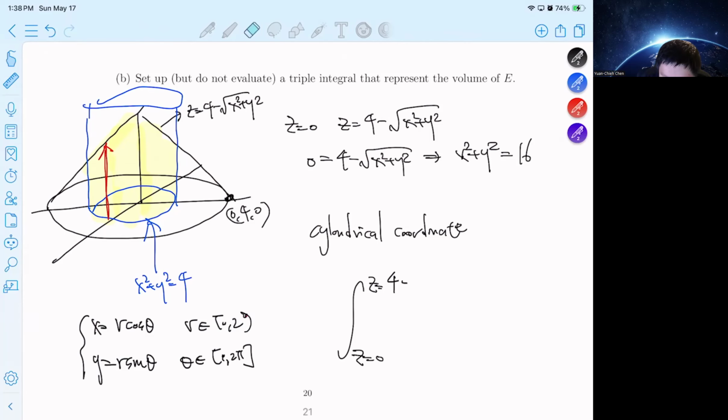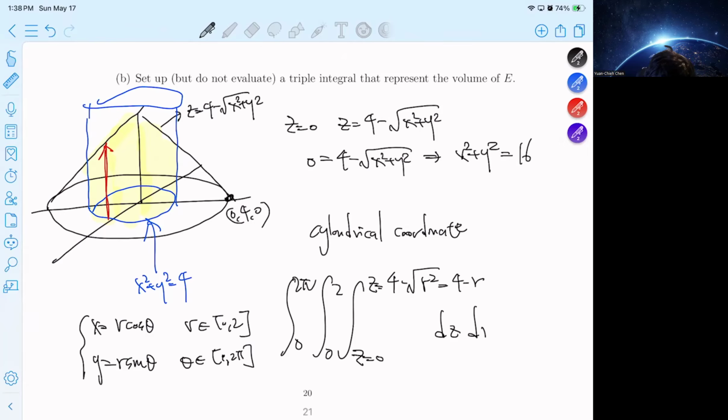So x squared plus y squared will be r squared. So it'll be 4 minus r squared. So dz, and now dr from 0 to 2, d theta from 0 to 2 pi, so dr d theta.